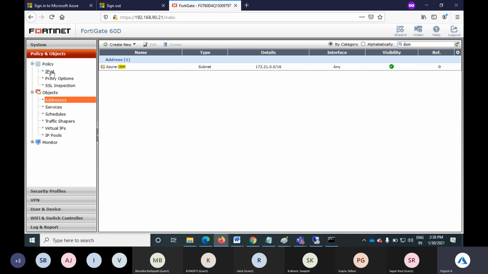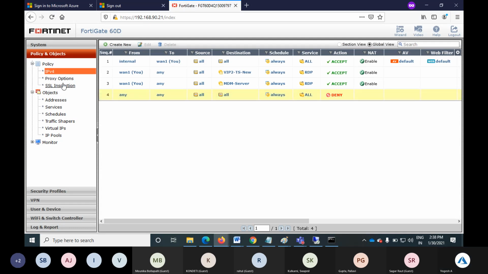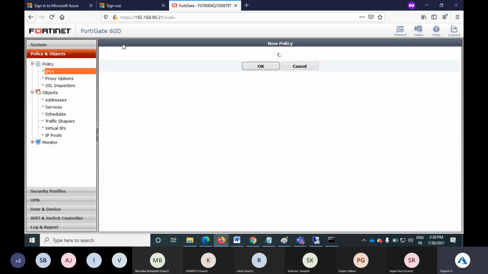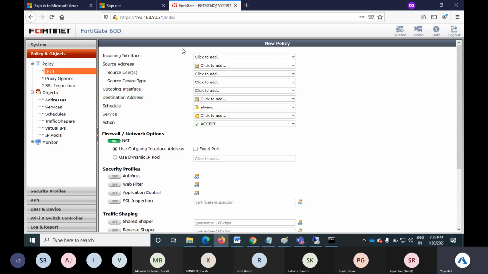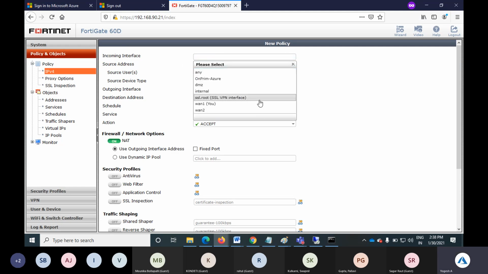Now let's go into the policy. Into policy, now we need to create two policies for incoming traffic and for outgoing traffic. So first we'll have a policy for the incoming traffic, and then we'll create a static route. So incoming traffic is hitting on my on-prem to Azure tunnel.